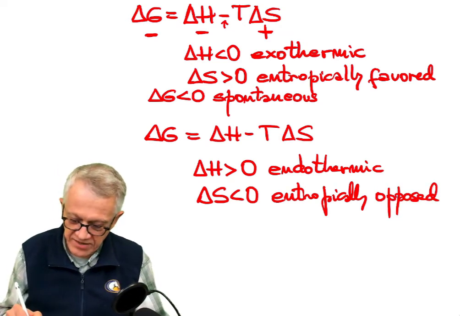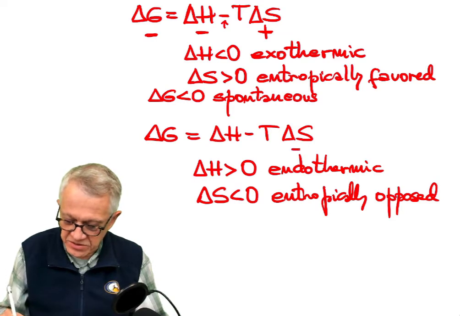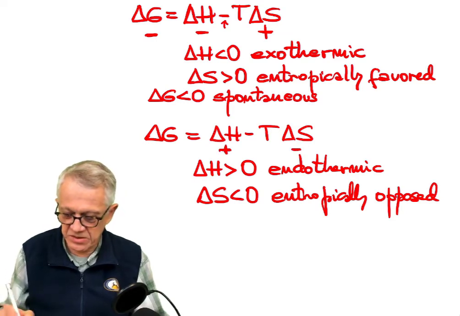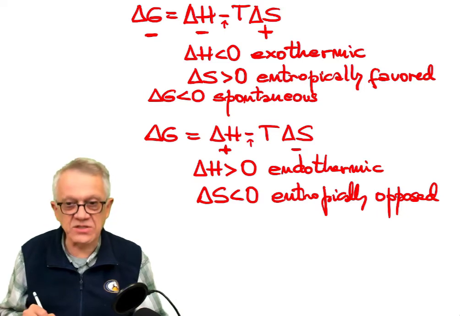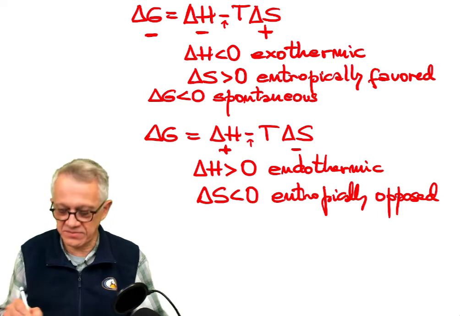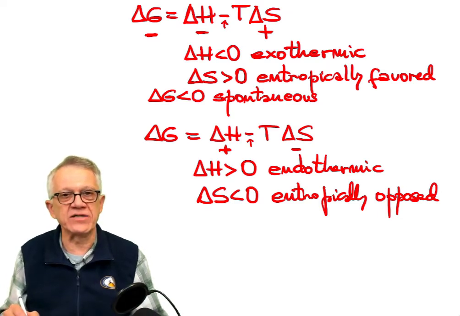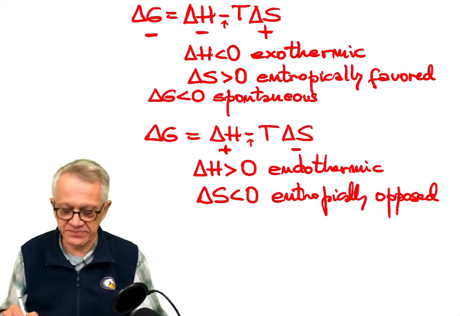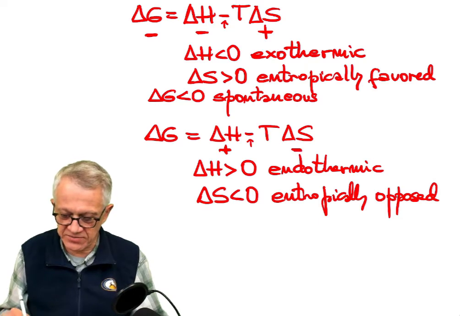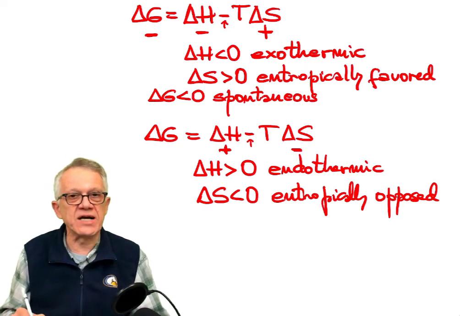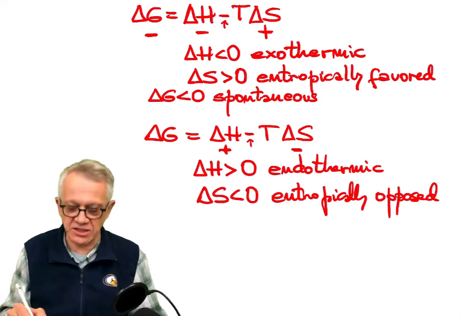So now we have delta S negative and delta H positive. So remember again about the sign here that's negative. So this whole term on the right, minus T delta S, is going to be positive, right? Because if this is negative and this is negative, the whole term is going to be positive, and we sum it up with another term, delta H, that's positive.